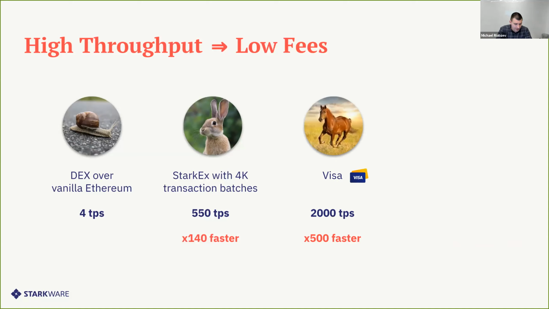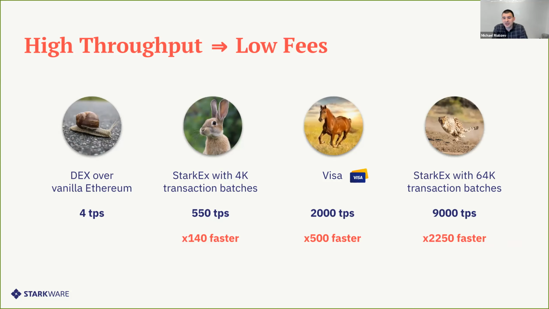But as you remember, in the Stark, the proof size and its verification is polylogarithmic in the length of the computation of the predicate. So it means that we can use even bigger batches and gain greater scalability.